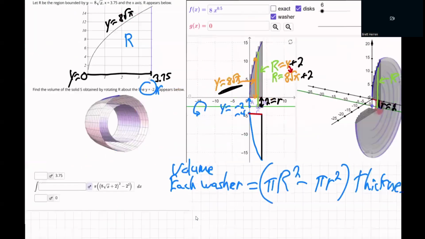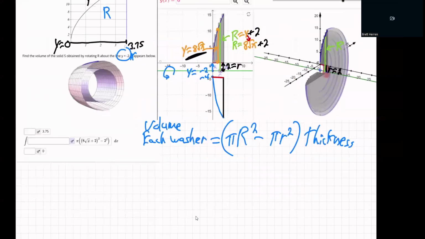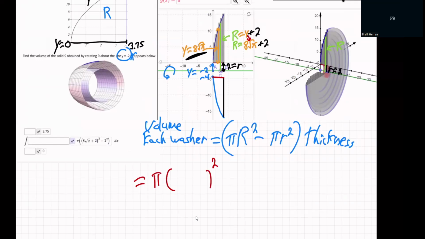So there we go. That's because we've got to get everything in terms of x. You can see it's a dx integral. So the outer radius, we've got it now. This is going to be pi times the outer radius squared. The outer radius is 8 root x plus 2, minus pi times the inner radius.